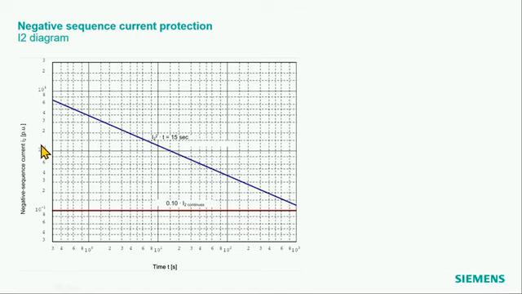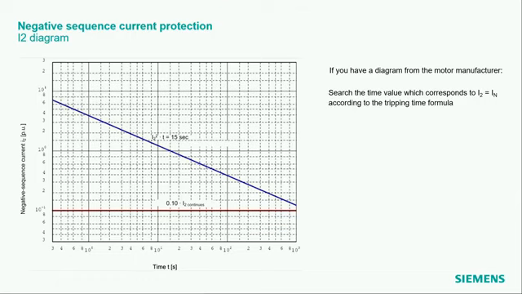You have the negative sequence current in per units, and here I have the maximum time which is allowed. Now we see this red line, this is 10%, 10 to the minus 1. This is the line which is continuously allowed. So in that case, for this motor, 10% negative sequence current is always allowed permanently. So this would be our starting criterion.